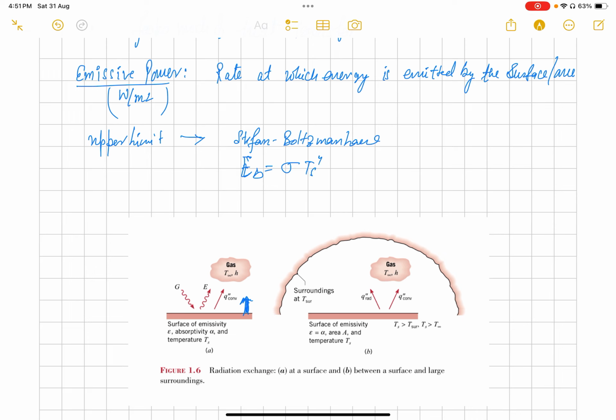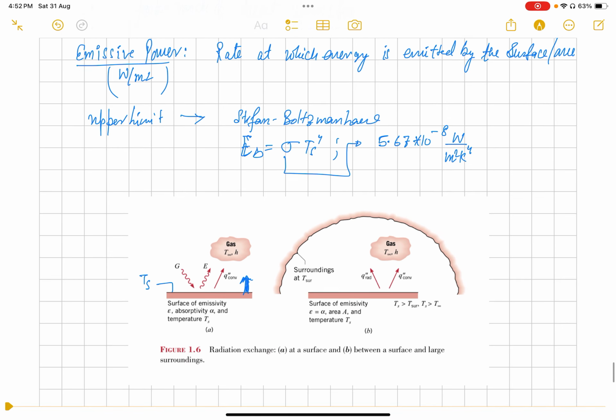Ts is the surface temperature. Sigma is the Stefan-Boltzmann constant, which is 5.67 into 10 power minus 8 watt per meter square Kelvin power 4. So this is the upper limit, which is the maximum value the body can emit. This is possible only for an ideal surface, which is nothing but a black body.